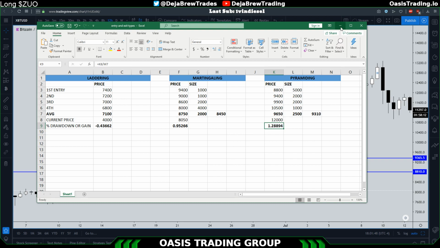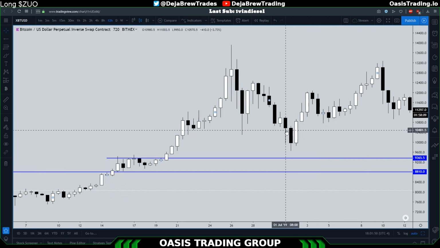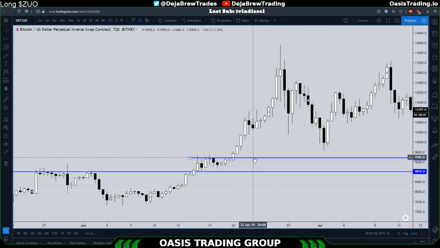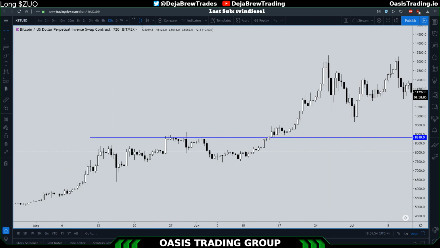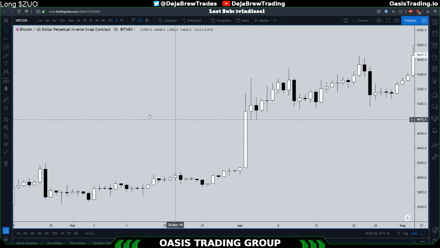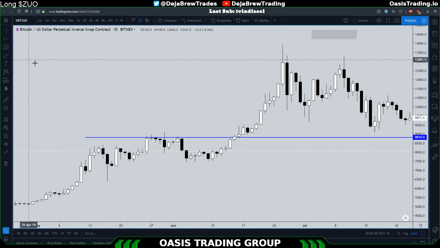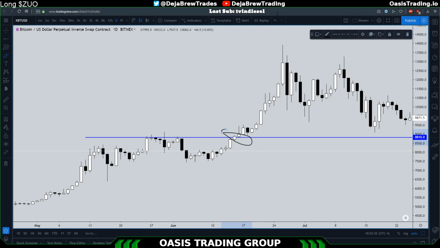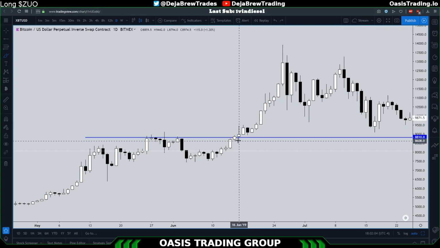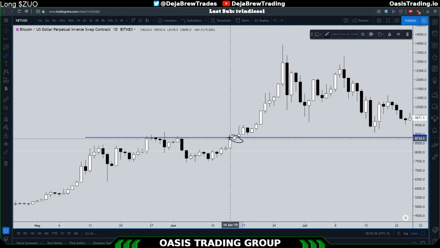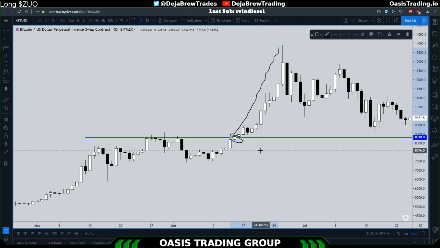So the pro of pyramiding is, let's say my first entry where I first got in this trade was, I wanted to see a break of this resistance, right? If I would have just entered full size right here, I would have had 0 drawdown, and we would have had a massive profit.